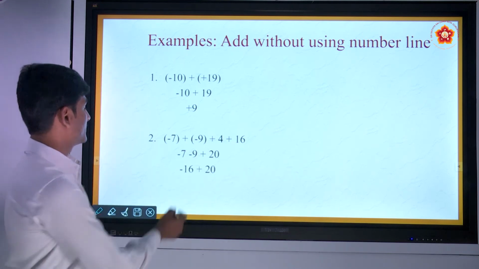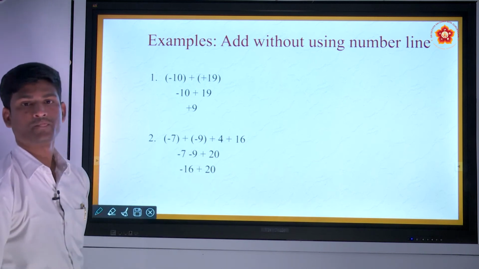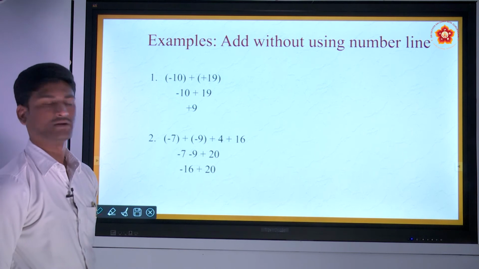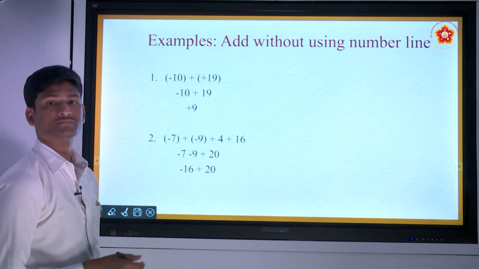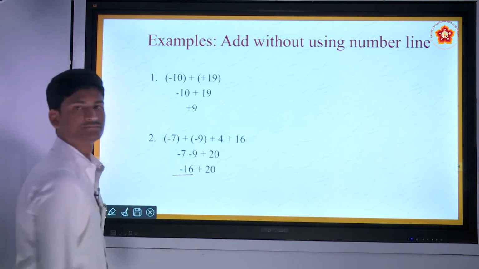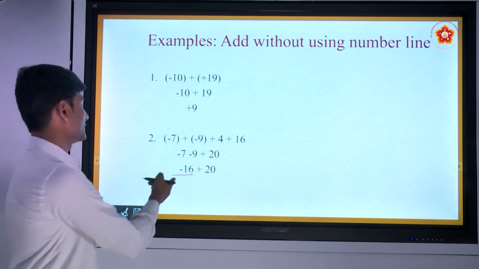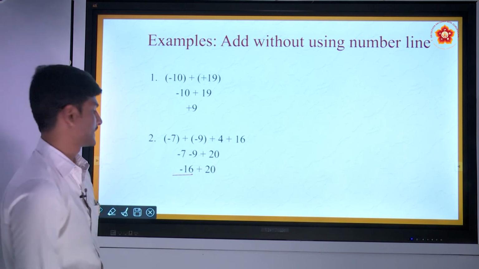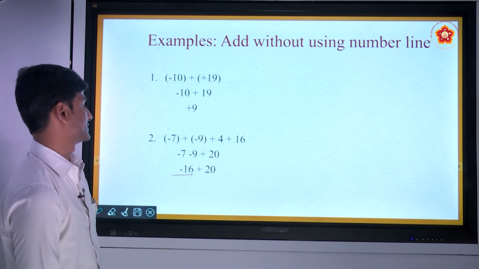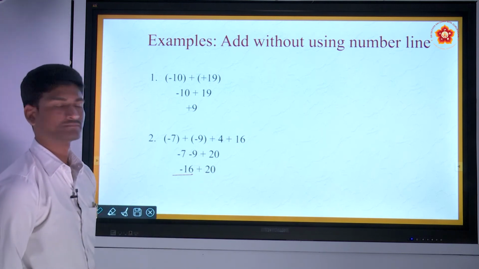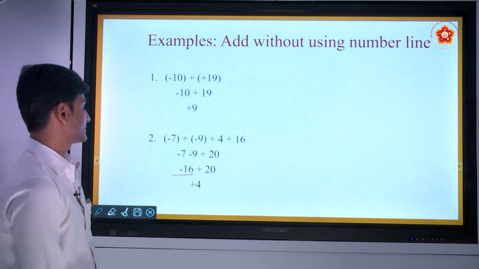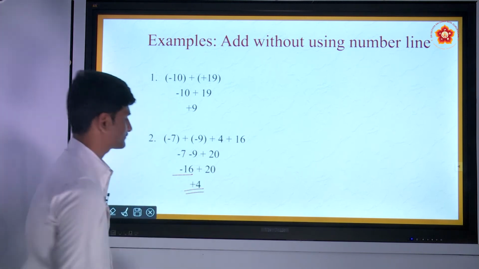Then minus 7 minus 9, both are negative integers, so the answer sign is negative. 7 plus 9 is 16, answer will take negative, minus 16 plus 20, how much? Plus 4, right?